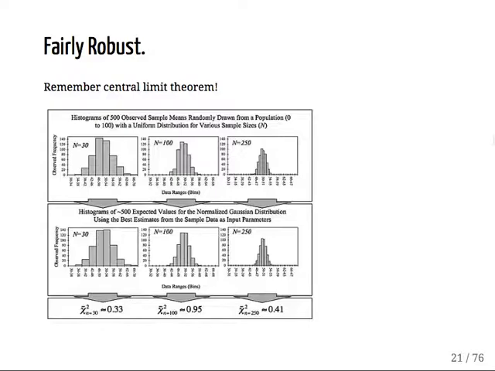We can show that by simulations if you want to, but basically the premise is the larger the sample, and some statisticians say around 50, some say around 30, your test statistics will become robust to deviations from normality as your sample size increases.